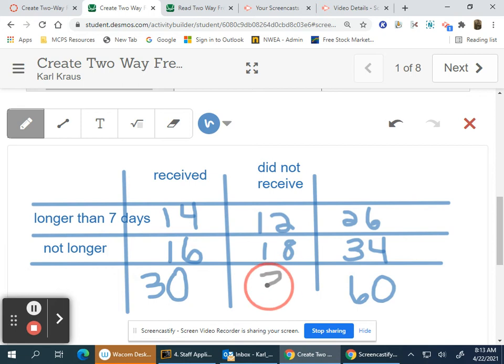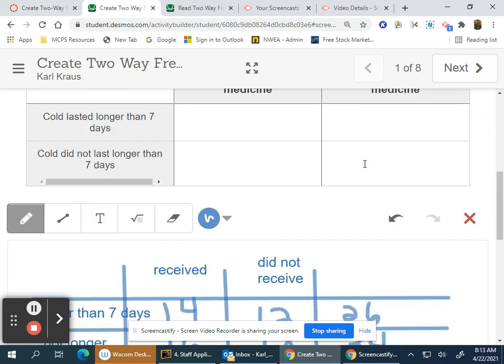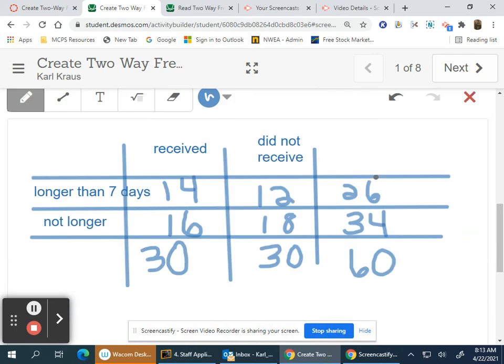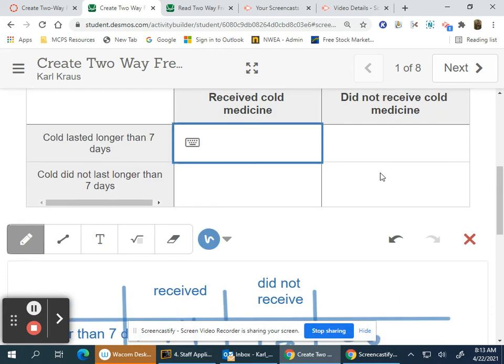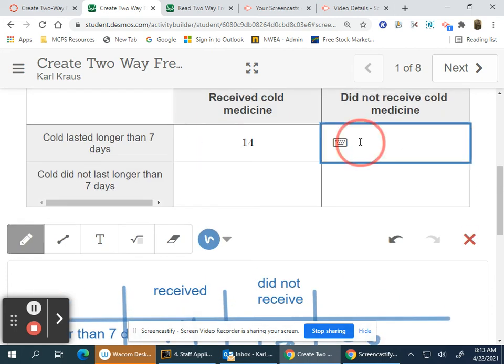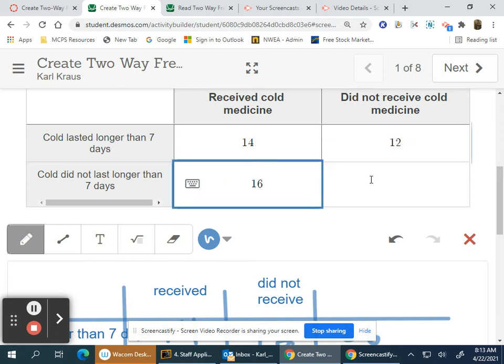And 12 plus 18 is 30. So everything should add up correctly here. It does. So what I want to put in here is 14, 12, 16, and 18.